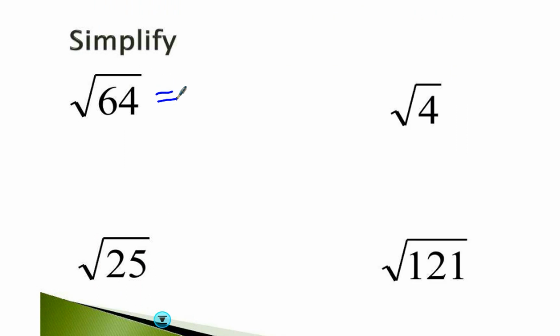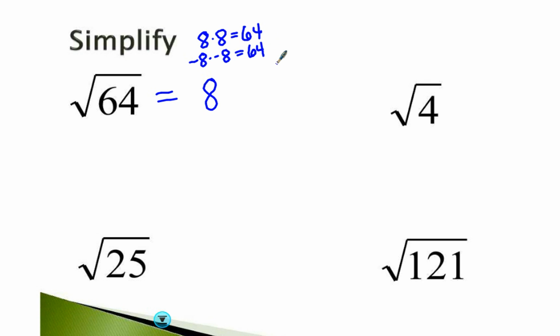And actually, this is a little fun fact too. There's actually another number that when multiplied by itself gets us to positive 64. So we know that 8 times 8 is 64. Now, is there another number that when multiplied also takes us to 64? And maybe you're thinking, what about negative 8 times negative 8? That's also positive 64, right?